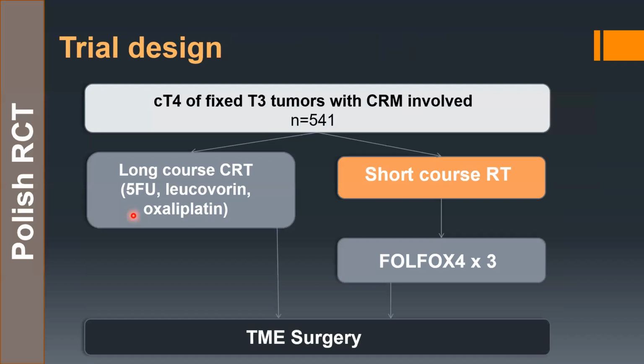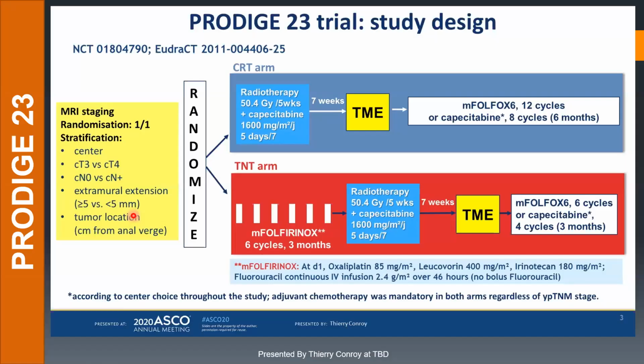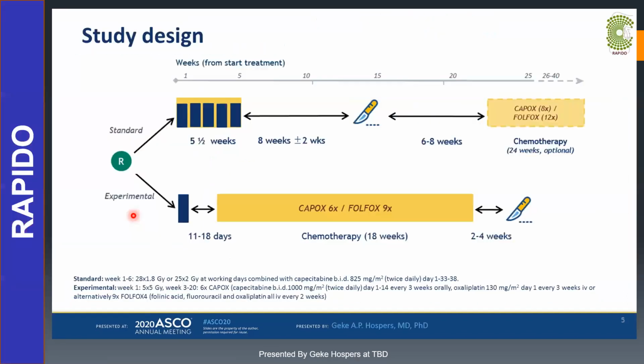The Polish study randomized between short course radiotherapy and FOLFOX4 into 3 versus long course chemoradiation before surgery. The Prodigy study in the chemoradiation arm gave radiotherapy with capecitabine followed by TME with mFOLFOX 12 cycles versus the experimental arm of giving mFOLFIRINOX followed by chemoradiation, TME and mFOLFOX 6 cycles.